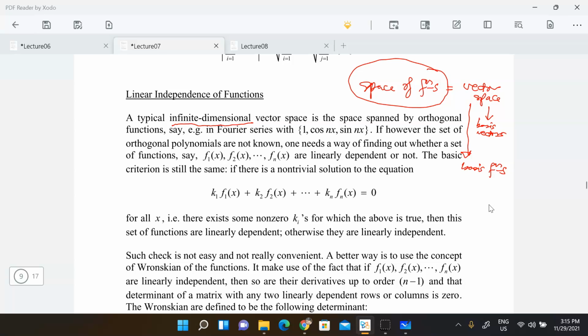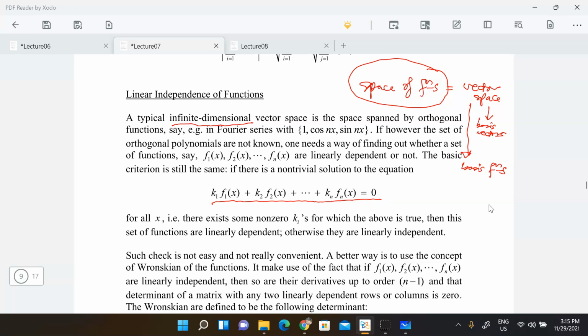So how do you know whether a set of functions is linearly independent? Well, one of the things that we can actually check is whether the functions are linearly dependent. It gives you the same definition as before. The coefficients multiplying the functions themselves have to be 0 when it adds up to 0.